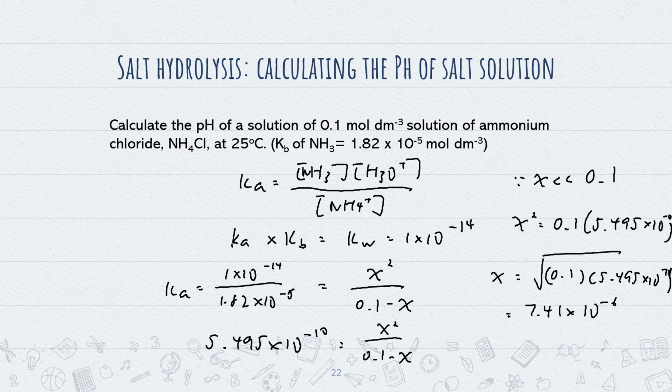So that's the concentration of your H+ or H3O+ ions produced. Now for pH, you can simply take the negative log of this, which gives 5.13. And that's how you calculate the exact pH of salt hydrolysis.